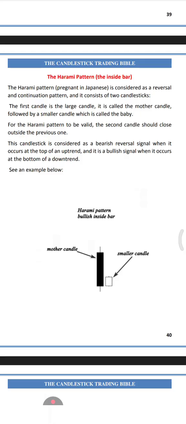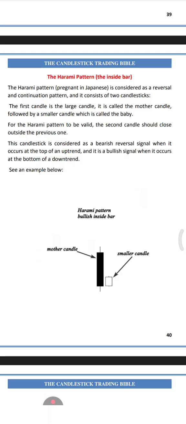So if you find this pattern at the downside of the curve, which is the demand area or support area, you see the smaller candle, which is the bullish one now, closes at the middle or somewhere between the body of the previous candle.